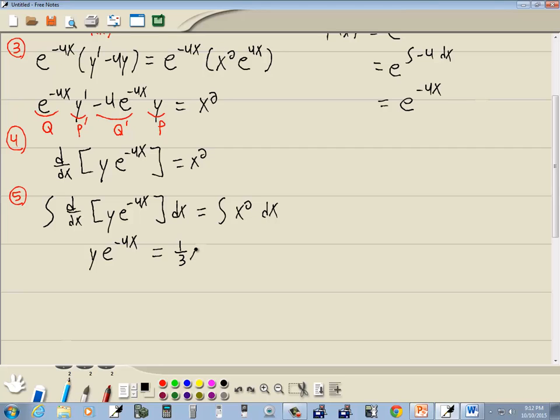So that's going to be 1/3 x to the third plus c. Now we're solving for y, so we're going to divide both sides by e to the negative 4x because we don't have the y by itself. And over here, I'm going to go ahead and put the x to the third up on top, 3, and then I'll put the e to the negative 4x down here. And same with the c, I'll put the e to the negative 4x down here.